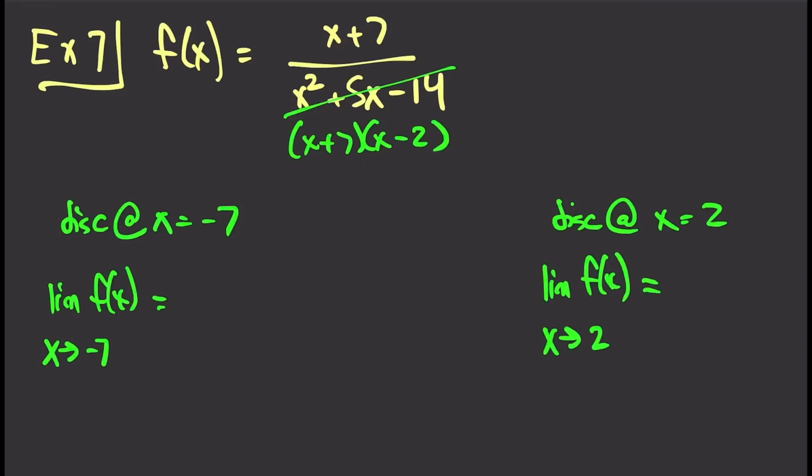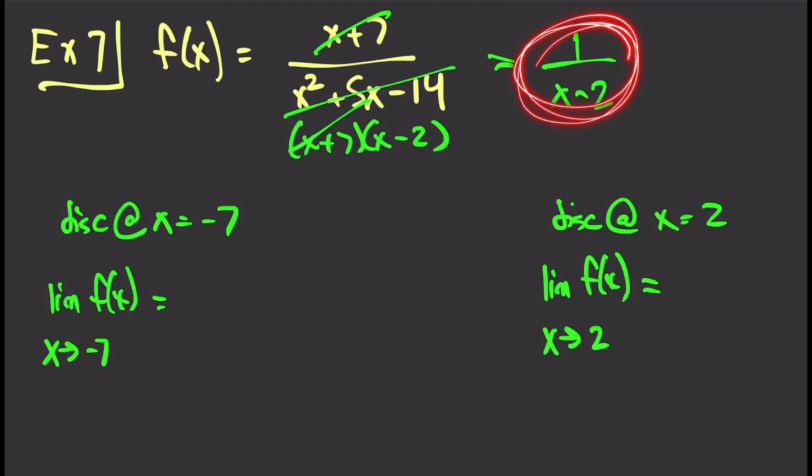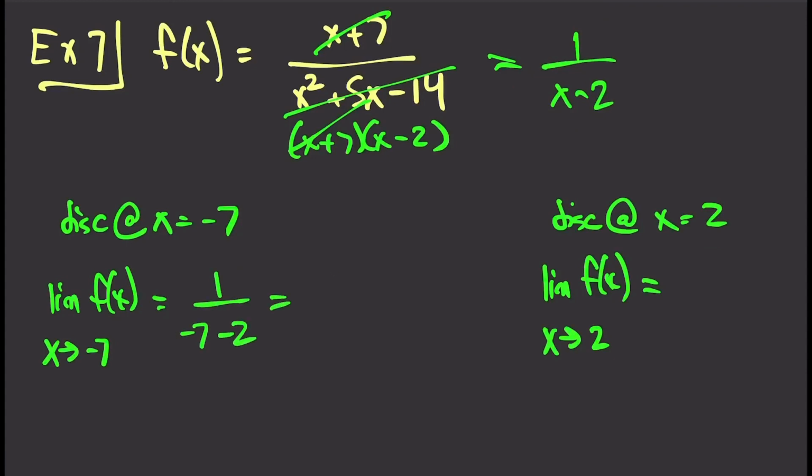Now, I notice I already factored it, so those cancel. So I've got this expression here that I can use to evaluate my limits: 1 over x minus 2. I'm going to use that here and here. Okay, so 1 over x is negative 7 minus 2. That's 1 over negative 9.